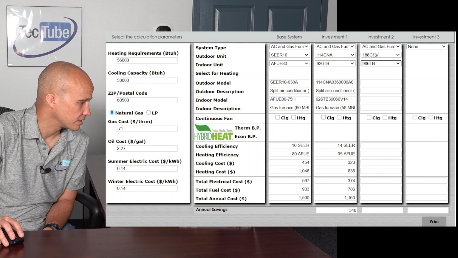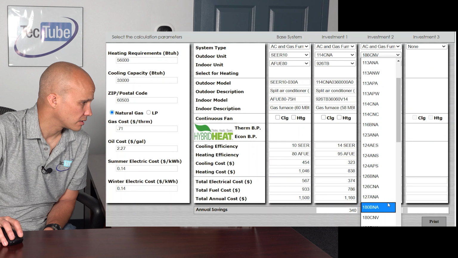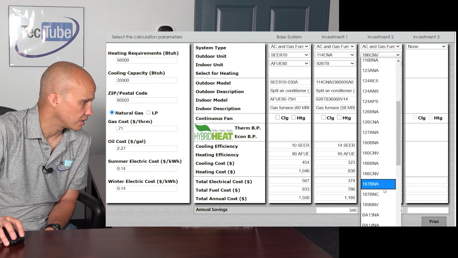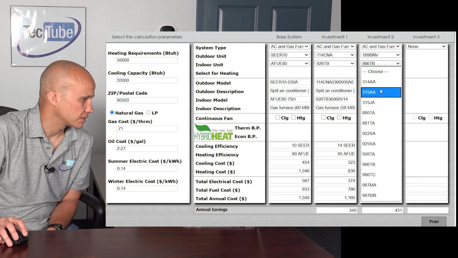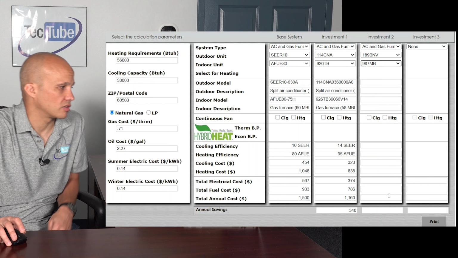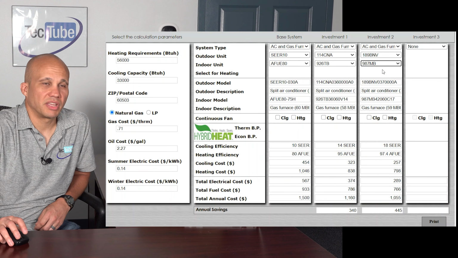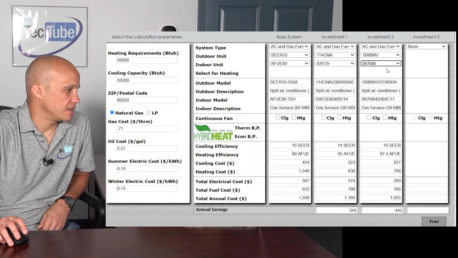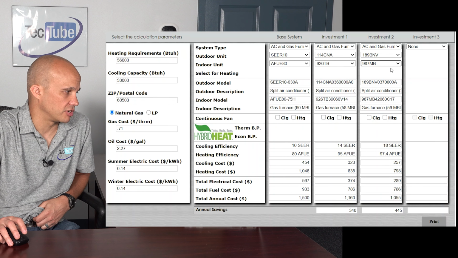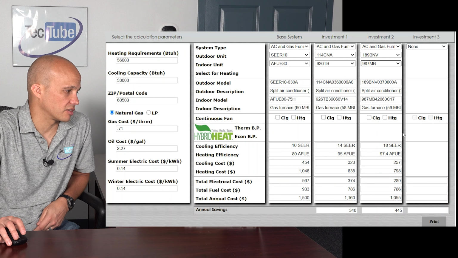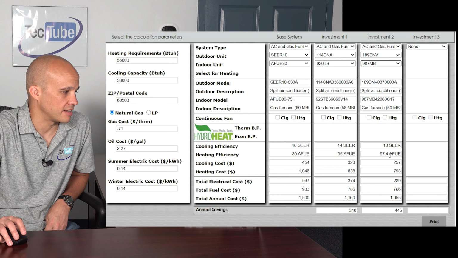Where's my 987? Hang on a second. Let's pick a BNV. Sorry about that. Then I'll put it with a 987. So I've got a 189 BNV with a 987 MB. For you guys on the Carrier side, that would be the equivalent 5-stage unit with modulating gas furnace. In this particular configuration, it's 18 SEER, 97% efficient. It's going to save me $445 a year.